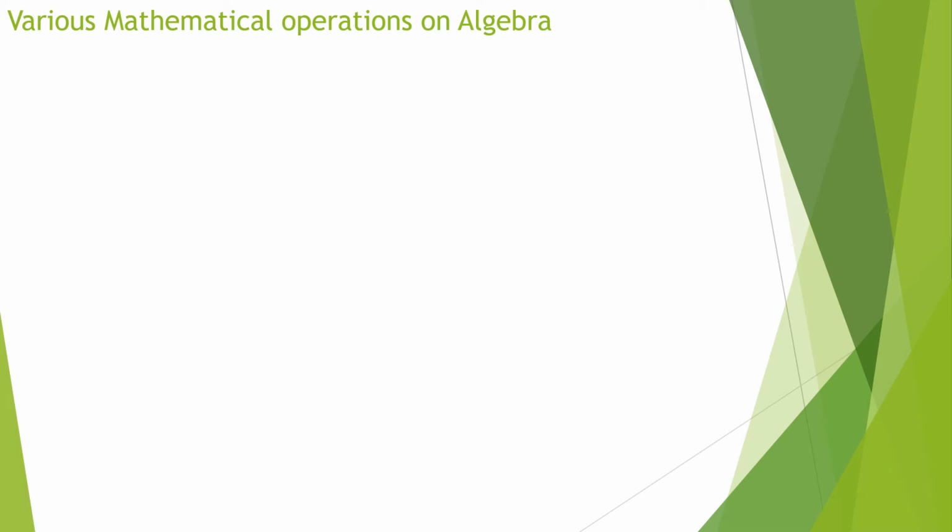Now we will see the various mathematical operations on algebra. Let's assume we have two numbers. Our very first number is a and the second number is b.